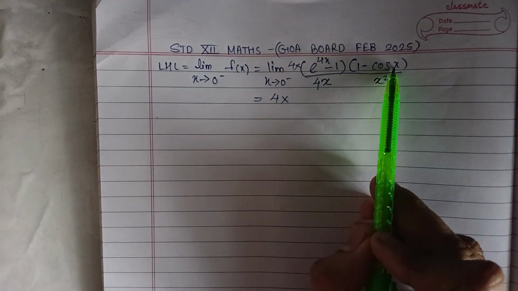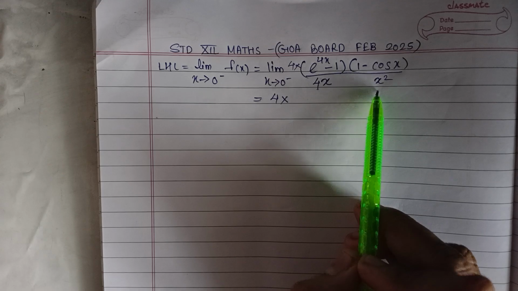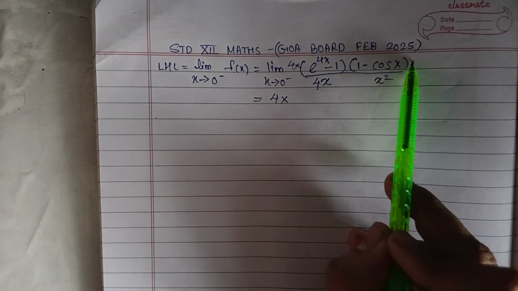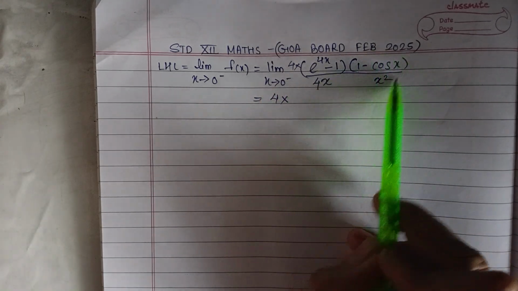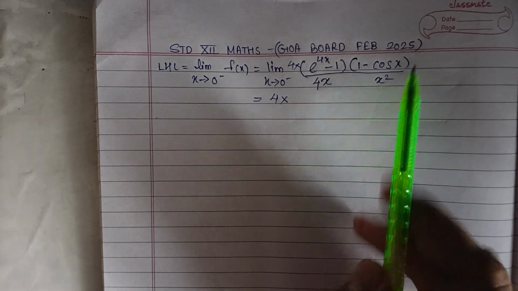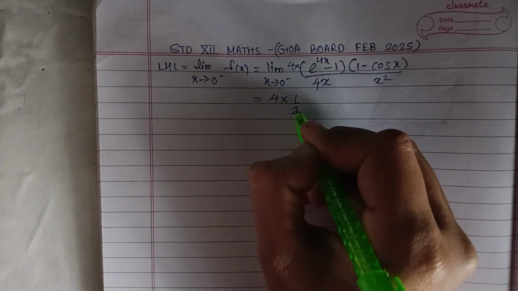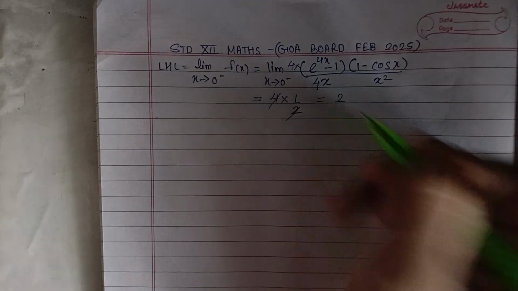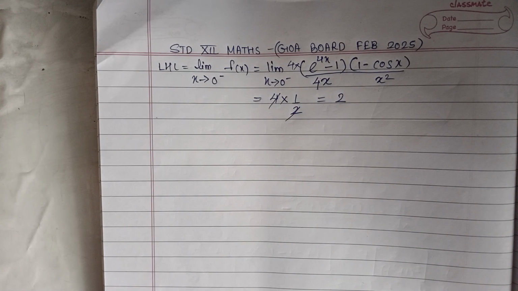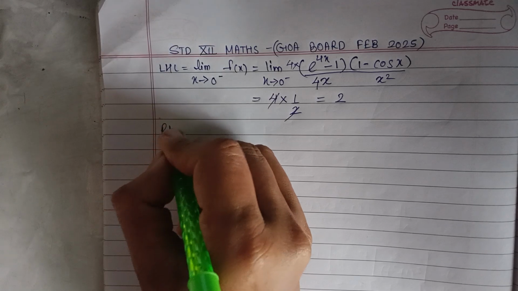And this is 1 minus cos x upon x square. So as x tends to 0, this limit tends to half, correct? So the final answer is 2. So this is our left hand limit. What about right hand limit?